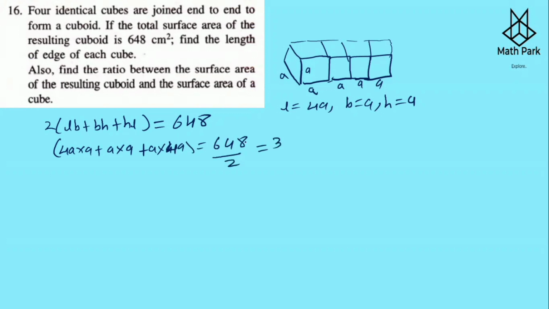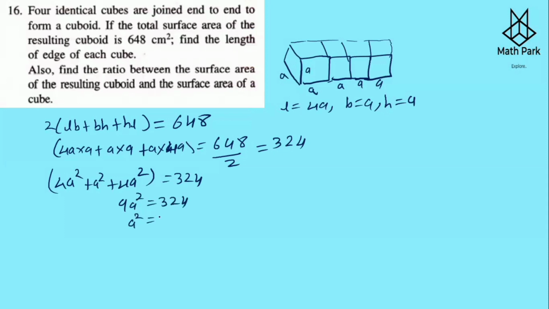2 3s are 6, 2 2s are 4, 2 4s are 8. We got 324. This is 4A square plus A square plus 4A square is equal to 324. So this is 4 plus 1, 5 plus 4, 9A square is equal to 324.